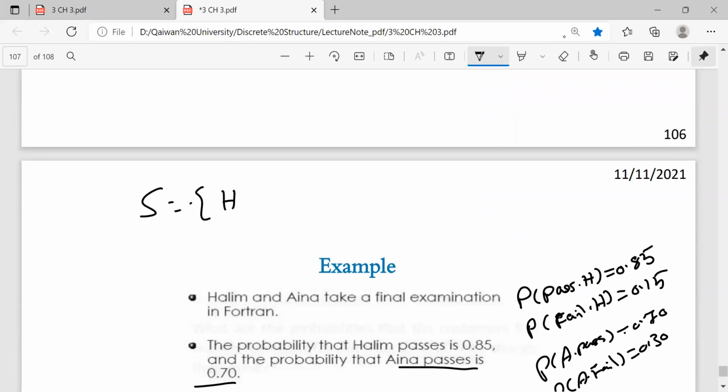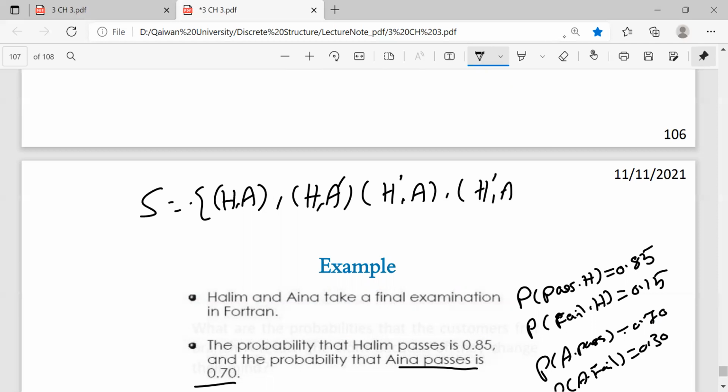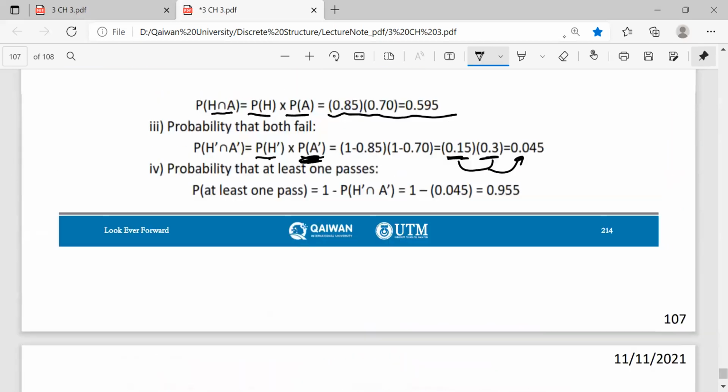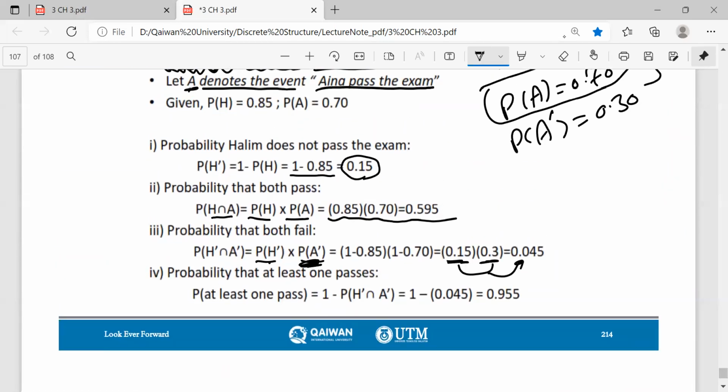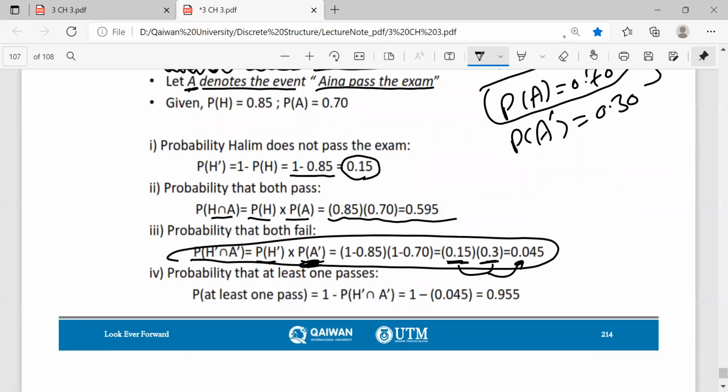Halim pass and Aina pass. Halim pass, Aina fail. Also Halim fail, Aina pass. Again, Halim fail, Aina fail. So what's the probability that at least one of them passes? It's the complement of the probability that both fail. 1 minus probability of A complement intersection H complement. 1 minus 0.045.